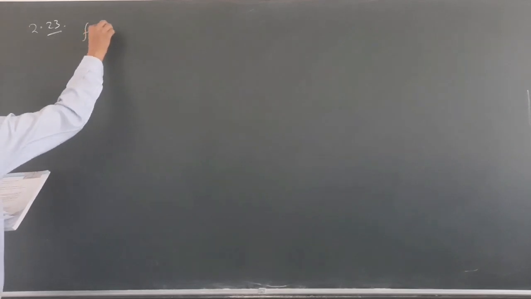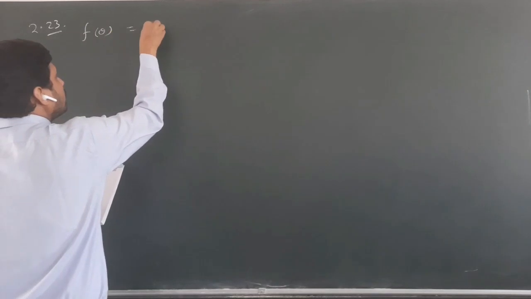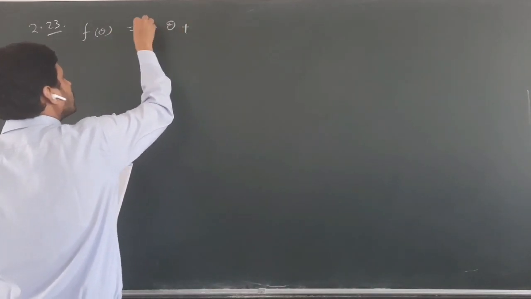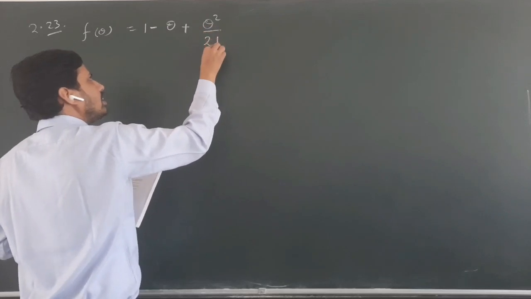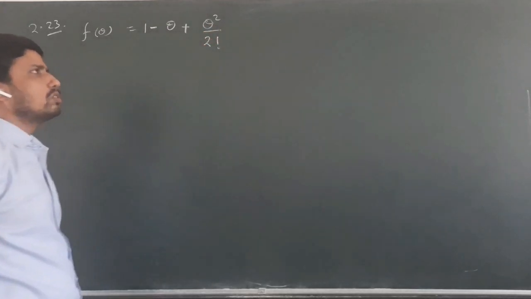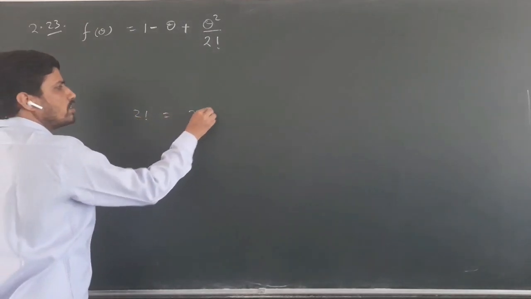Is the 2.23? There is a function f theta, function of variable theta, and it is defined as 1 minus theta plus theta square by factorial 2. I don't know whether you understand this factorial or not. Factorial 2 means 2 into 1.